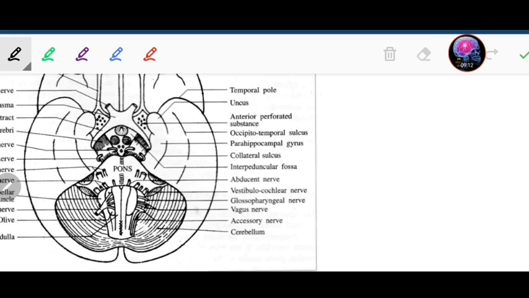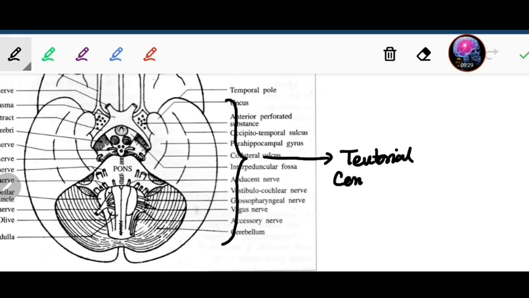Coming to the tentorial surface, which is more extensive than the orbital surface, it is convexo-concave from before backwards, and is formed by the inferior surface of the temporal and occipital lobes.